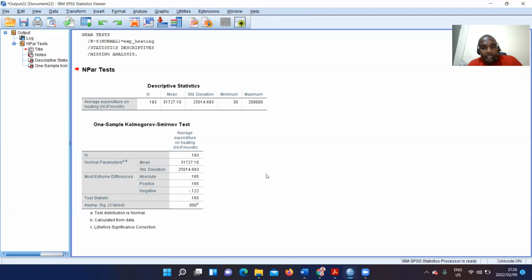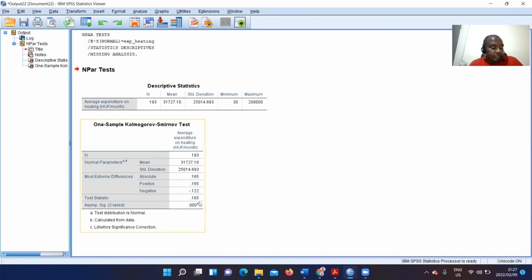The one sample KS test is a procedure or technique which compares the observed cumulative distribution function for a variable with a specified theoretical distribution, which can be normal as well. So we compare the observed cumulative distribution function for a variable, in this case average expenditure on heating, with a specified theoretical distribution which can be a normal distribution.